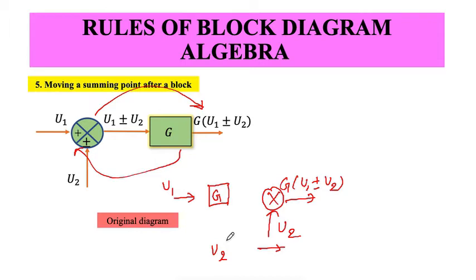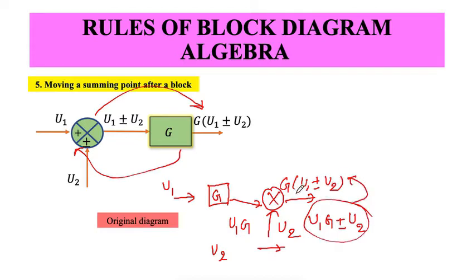So let's try to do this just blindly, replace it and see what happens. So u1 goes to g, so I will have this one as u1g. So my output will be u1g plus minus u2, which I don't want. What I want is that u2 should also have a g, so I will multiply g over here.